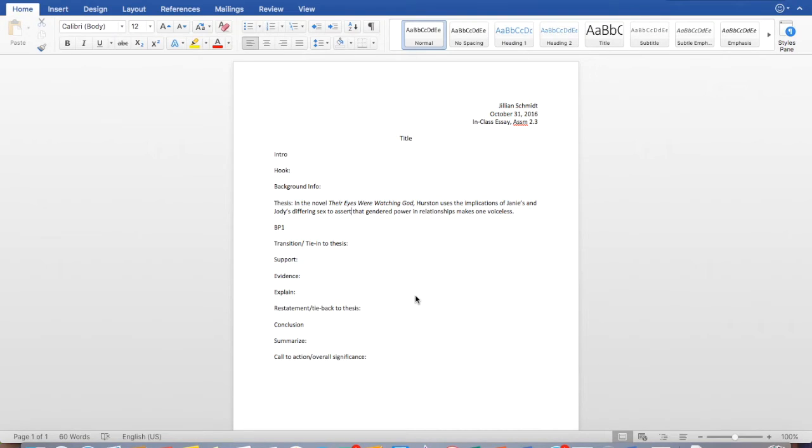So, both characters in this passage really use each other and they use their gender to really demean each other and gain power over the other characters.